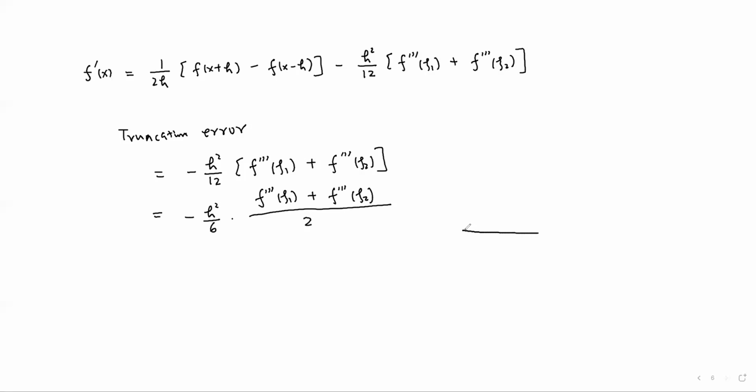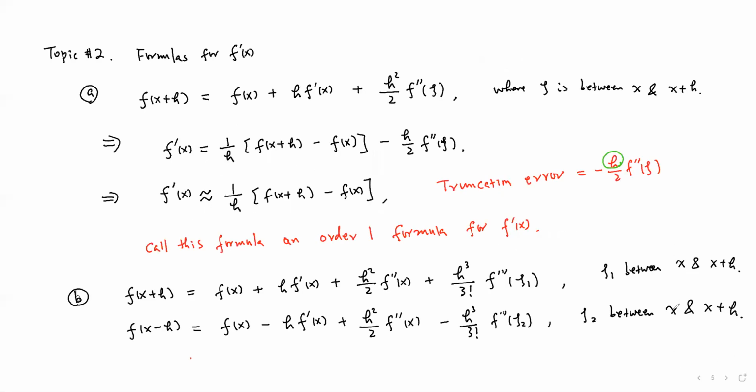Let me draw a diagram. 0, x, y. Y is, say, the derivative. Psi 2 is between x minus h and x.